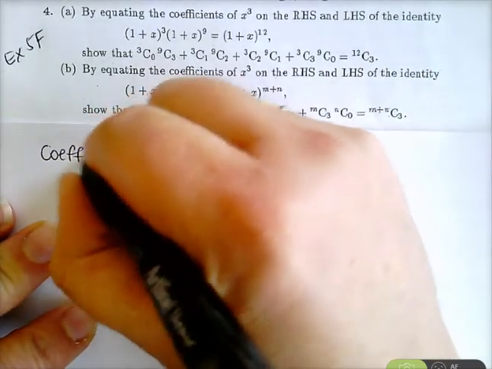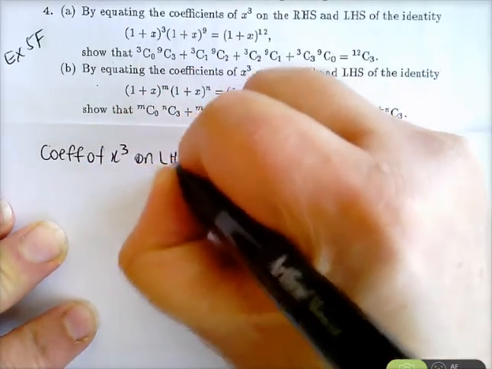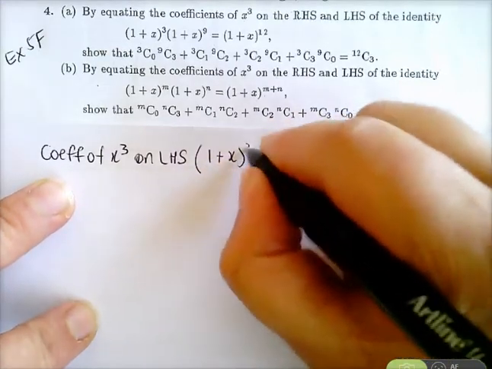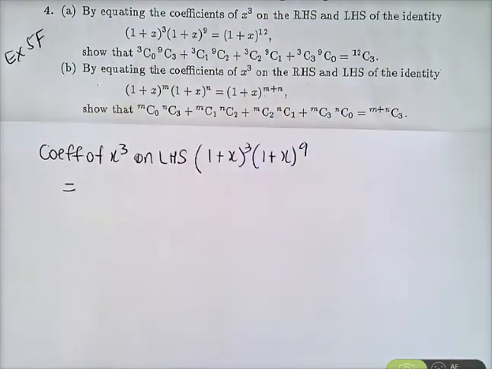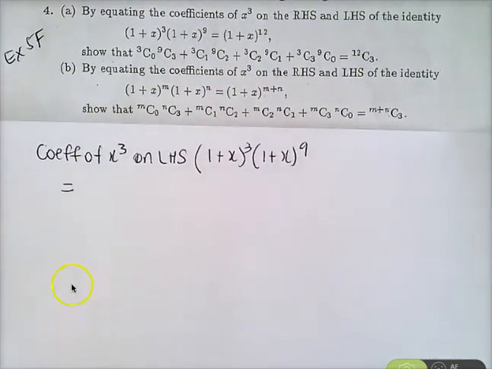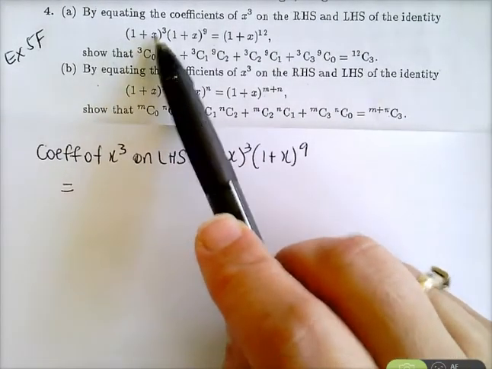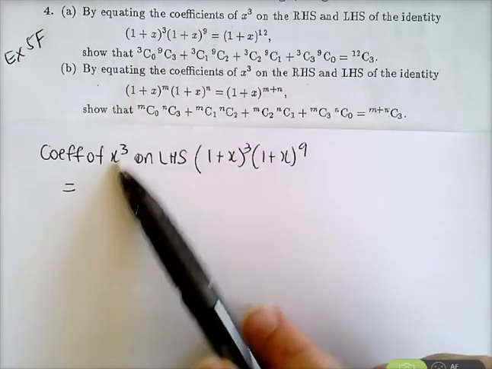So the coefficient of x cubed on the left-hand side, which happens to be (1 plus x) cubed times (1 plus x) to the 9, is... Now, how do you think you're going to get an x cubed? You could have the constant term in the (1 plus x) cubed times the x cubed term in that one. That would give you an x cubed term.